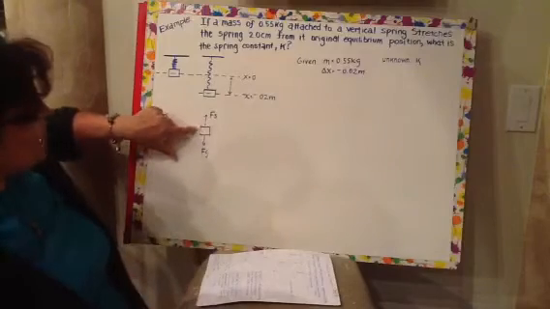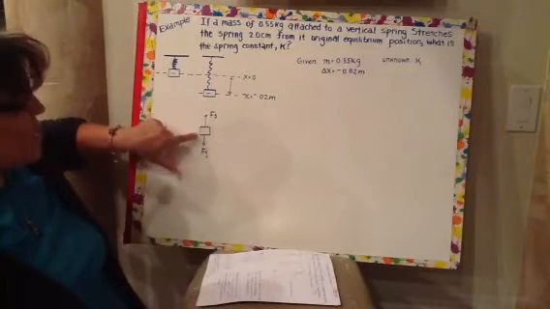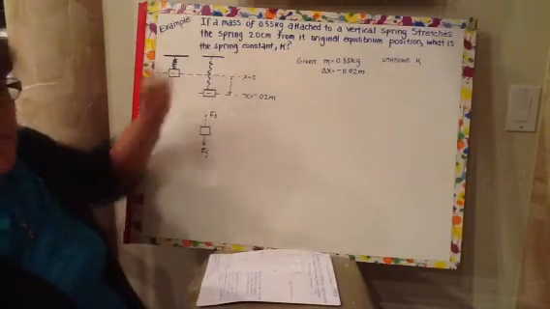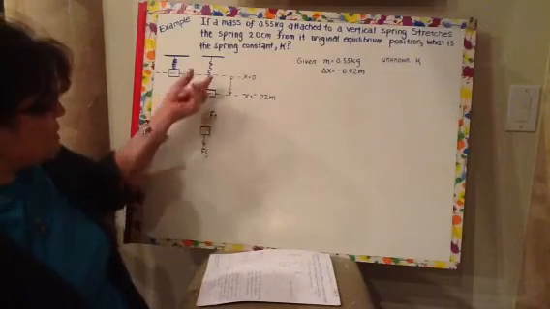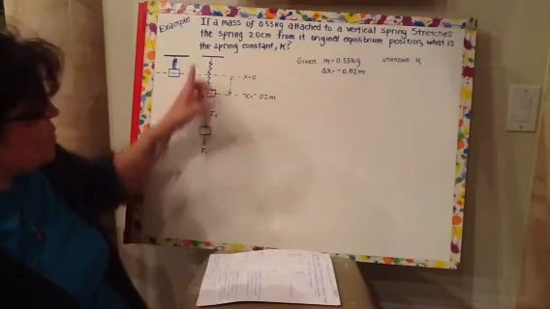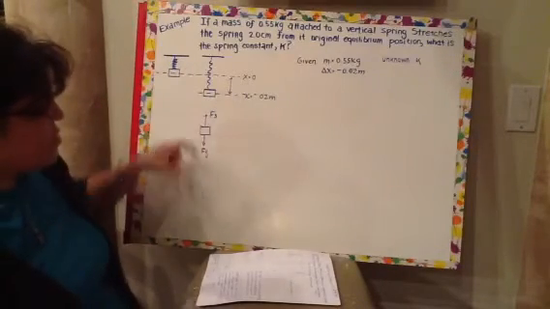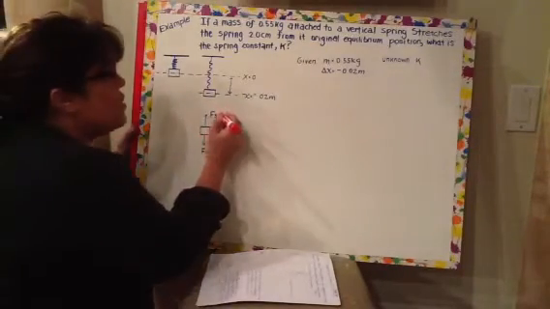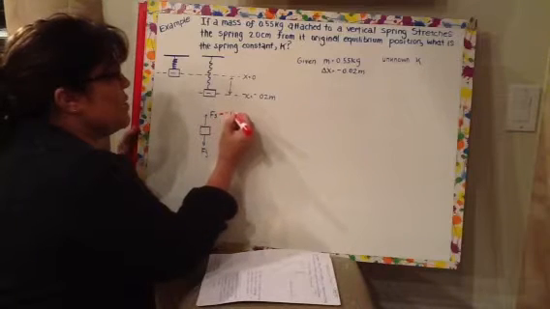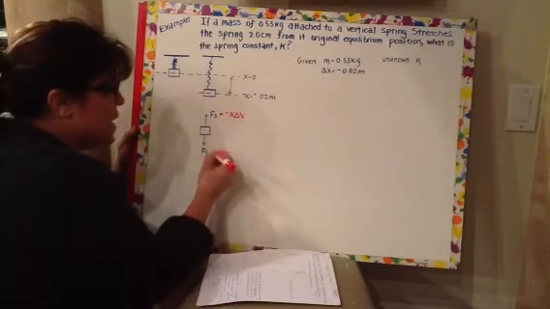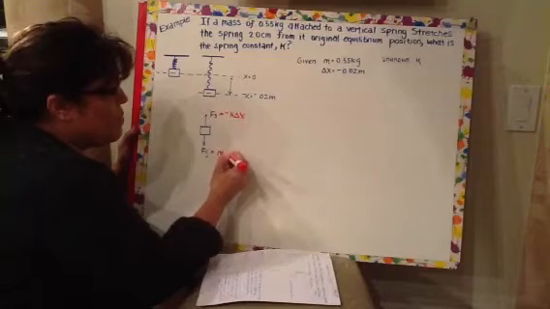If I have a free body diagram of the object right here, I have the spring force that's going this way. Because it's being pulled down from equilibrium, the spring force wants to pull it back towards equilibrium, so it's heading up, and the gravitational force is going down. Our spring force is equal to negative K delta X, and our gravitational force is mg.